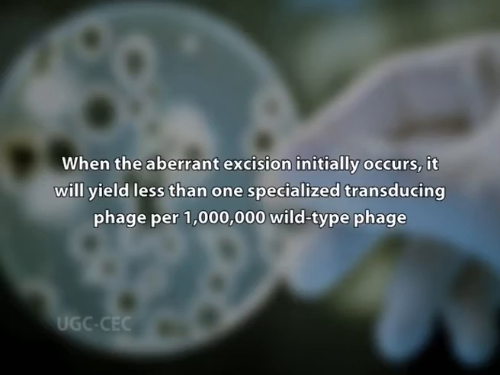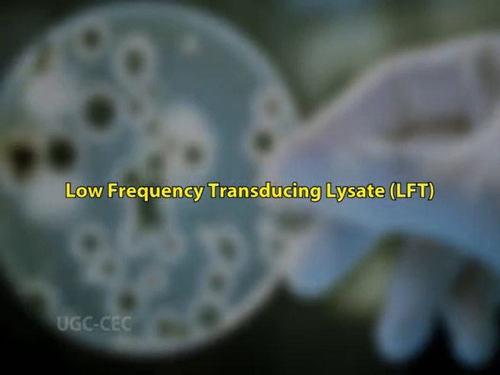This is a very rare event as compared to the normal excision via recombination between attL and attR. When the aberrant excision initially occurs, it will yield less than one specialized transducing phage per 10 lakh wild-type phage. Thus, this lysate is called a low-frequency transducing lysate, or LFT.